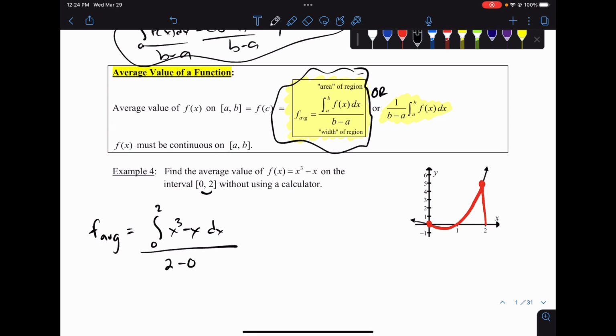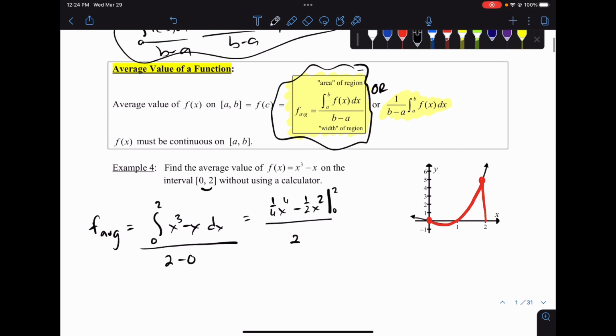And then I start solving. The bottom is really easy because it's just going to become 2. The top, I have to integrate x cubed minus x. So I've got 1/4 x to the 4th minus 1/2 x squared, and that has to be evaluated from 0 to 2. So let's keep going.